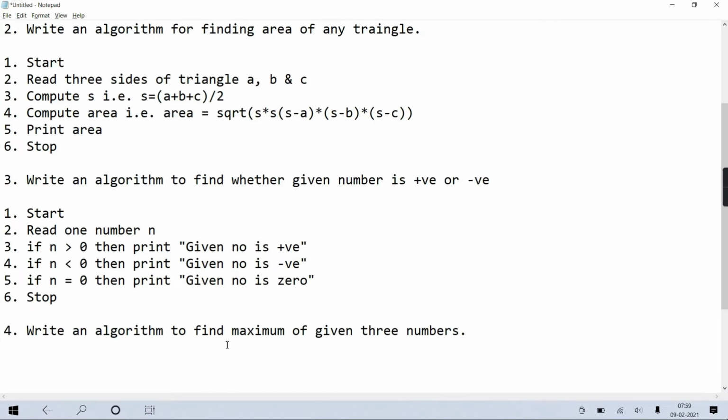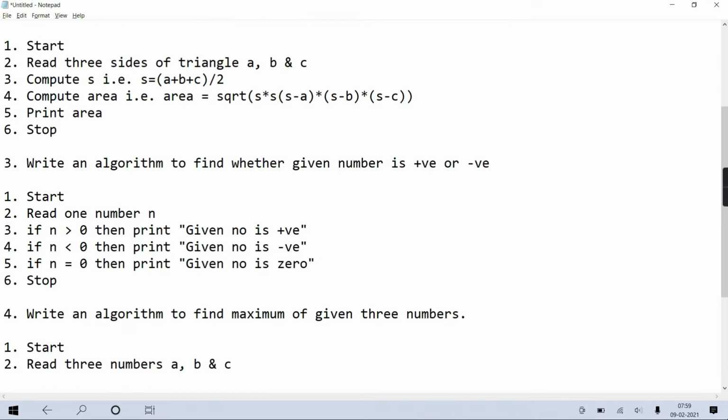Now, here I'll take a few questions from my side, but for practice if you want, I'll give you many more questions. Now, a logical start I'll give. Read three numbers A, B and C. Now we will check whether A is greater than B and A is greater than C. Then, as Rishabh said, can we store it?